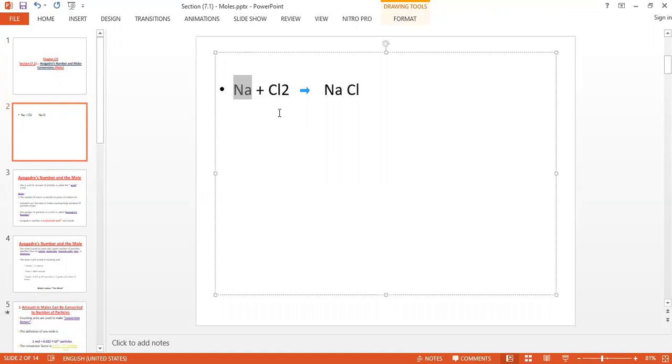If you get your information from this reaction, you'll find that sodium here is represented by an atom of sodium. Can you get an atom of sodium practically in the lab? No, it's impossible. What about getting 2 atoms of chlorine in the lab? It's also insane.